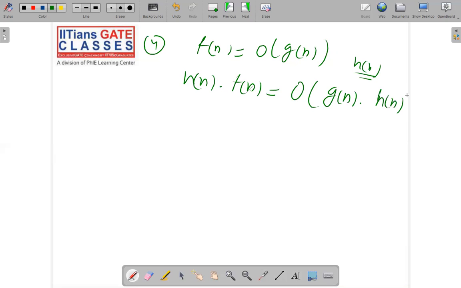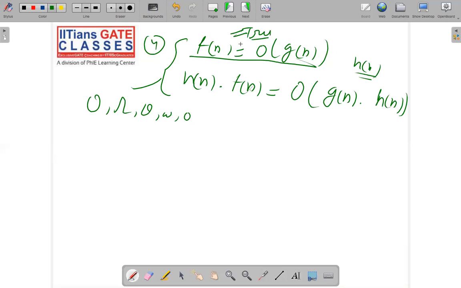Will it hold? Yeah. This property is also true for all the notations, big O, omega, theta, small omega, small o. So we can append the same function on both sides. If this is true, then this will also be true.